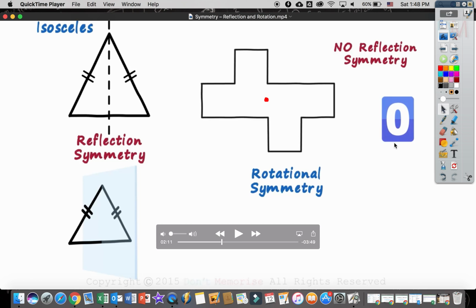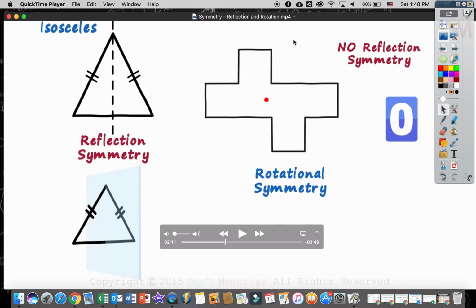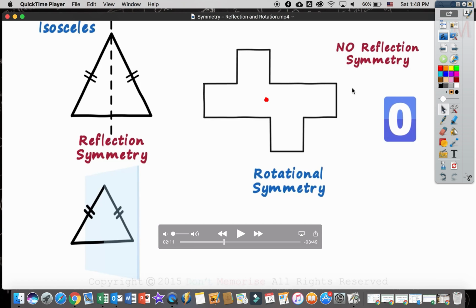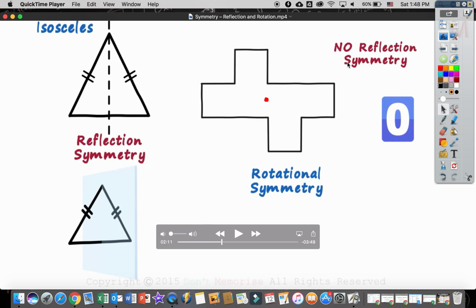It stands for the counting of how many times this shape is going to be the same as itself. This number will represent our order of the rotation.